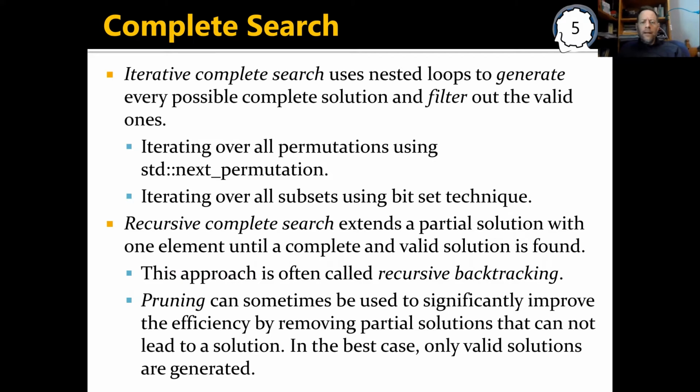A good example is again n-queens. You can place the first queen in the upper left corner, so the queen on row 1 will be in column 1. That is the first step in our partial solution. The next step is to fill the second row.